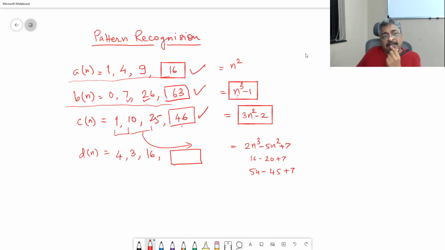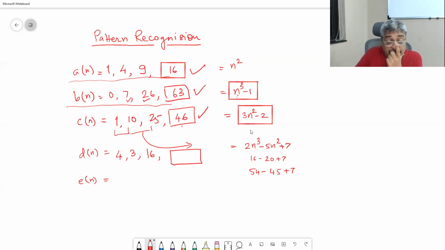and therefore I am raising a question on pattern recognition itself. Are we supposed to recognize the pattern and use it, or suppose E of n, I write whatever number comes to my mind.